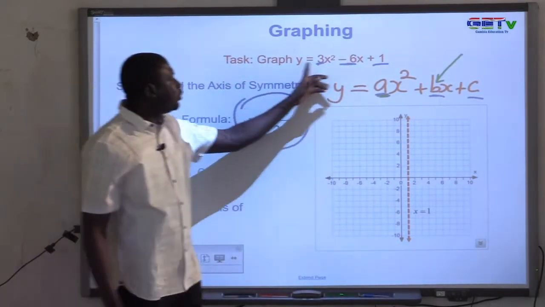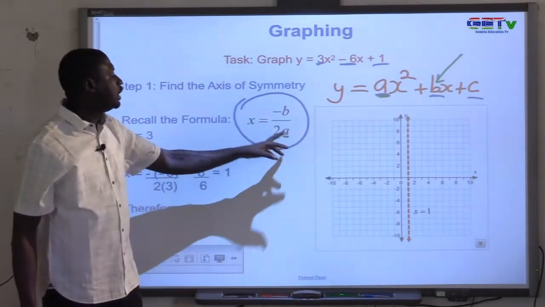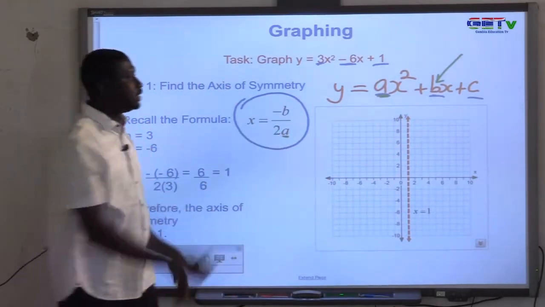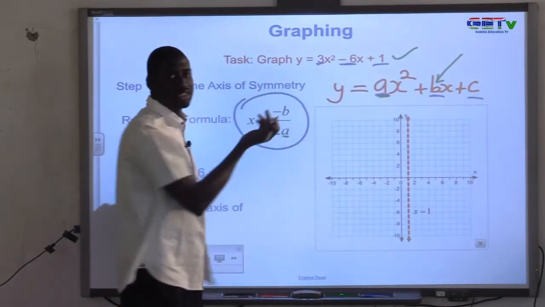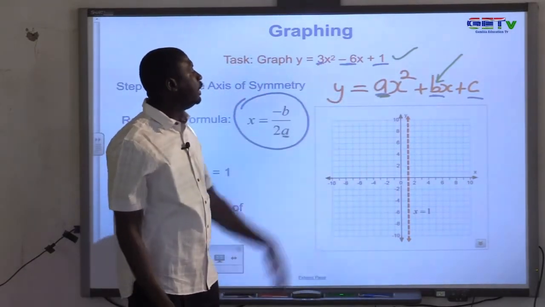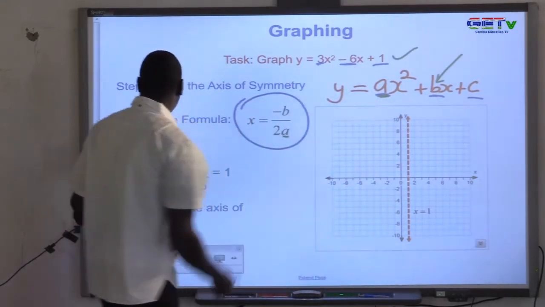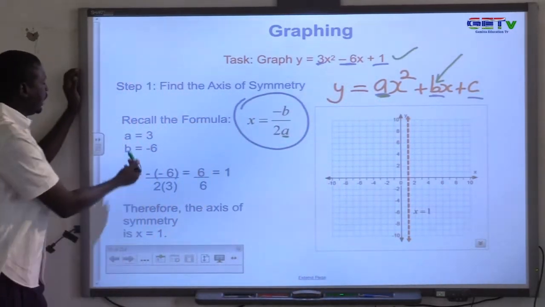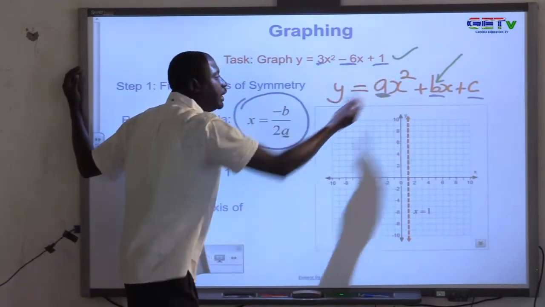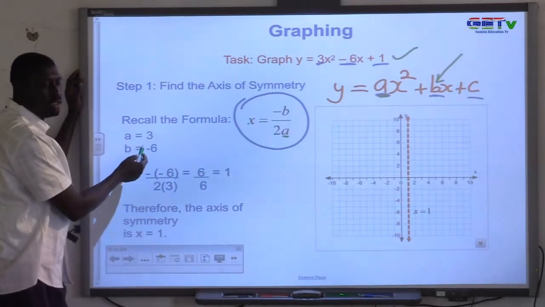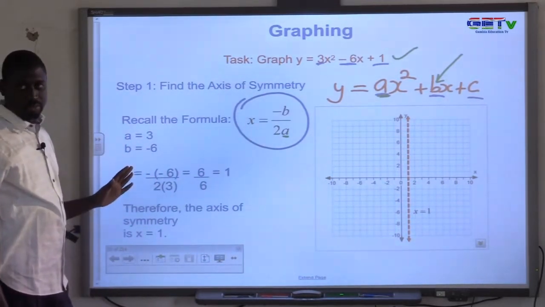So whatever value we have on this function that is representing a, that's what we'll use as our a value here. And this is the function given. So we are going to take the values from the function that is given. Y equals 3x squared minus 6x plus 1. By looking at this, the values are given here. The a value, from the general formula, is 3. B is equal to negative 6.